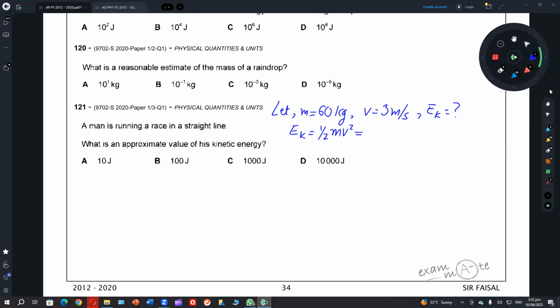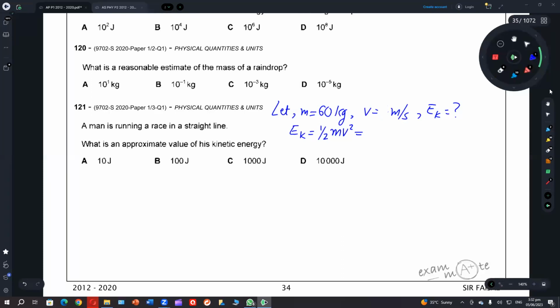So is C an option? That's a problem, because 560 is not coming close to anyone. We can convert like 8 kilometers an hour to meters per second. 8 meter per second is quite fast, because it's like an athlete.